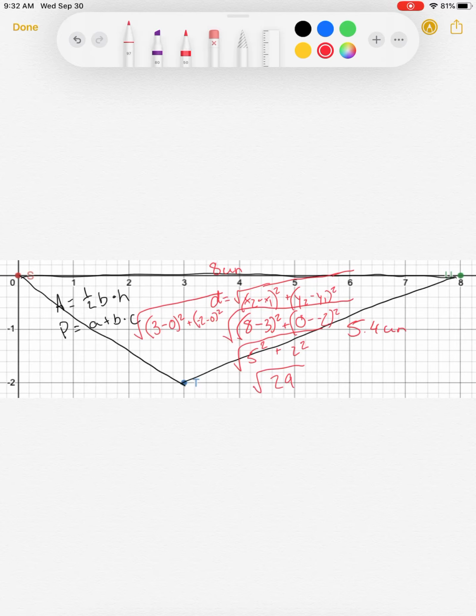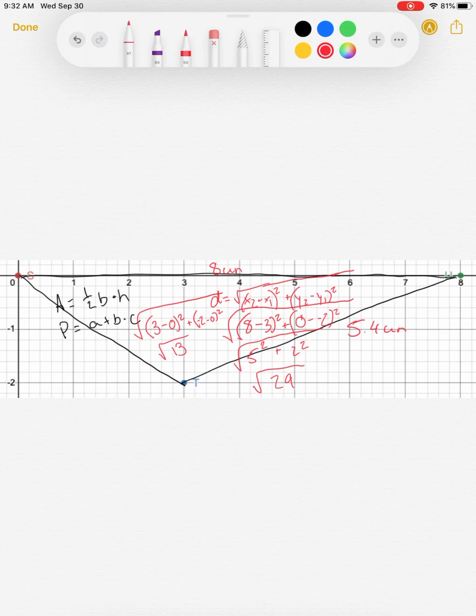And so we're left with 9 plus 4, because 3 squared is 9 and -2 squared is 4. So the square root of 13.